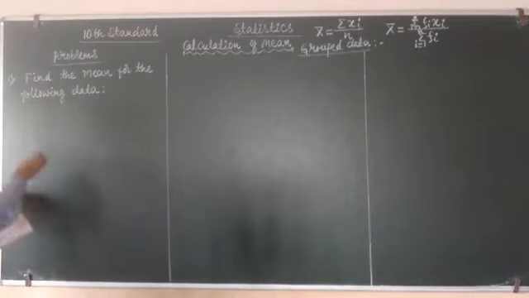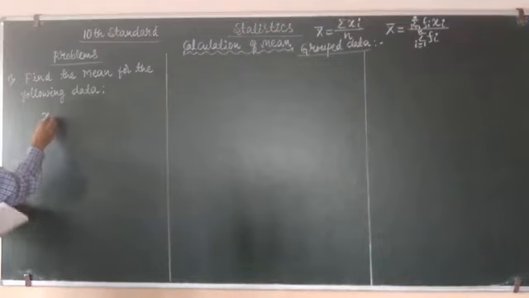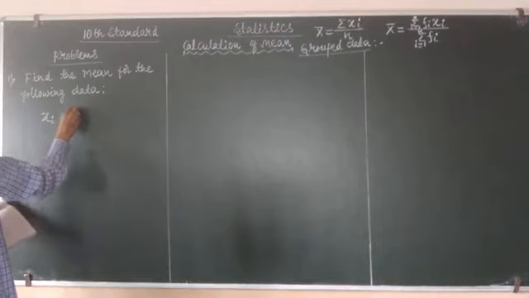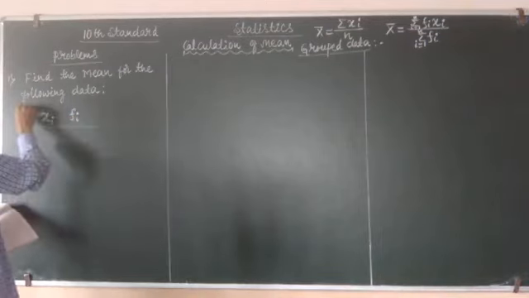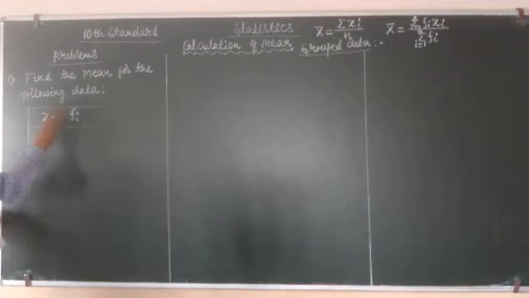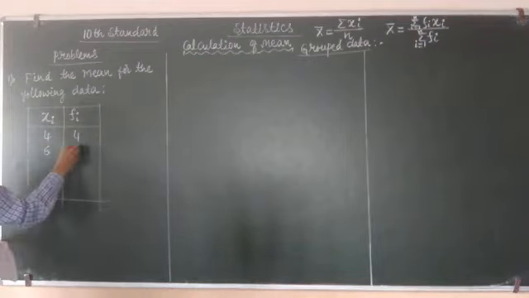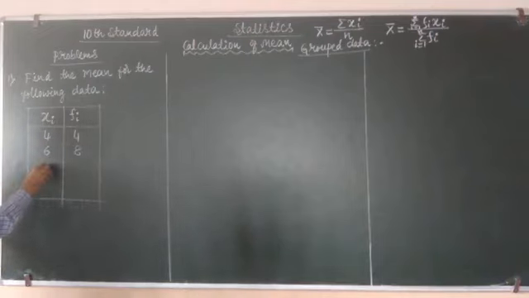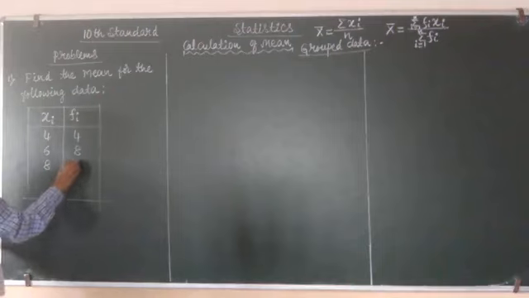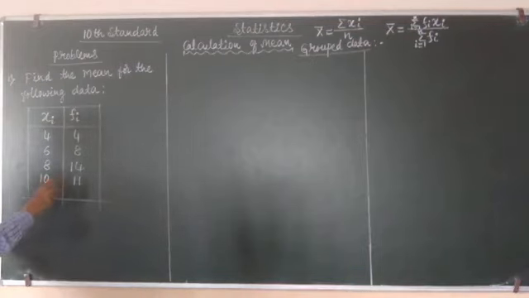The data is given as xi and fi. For score 4, its frequency is 4. For score 6, its frequency is 8. For score 8, frequency is 14, for score 10, frequency is 11, and for score 12, frequency is 3.